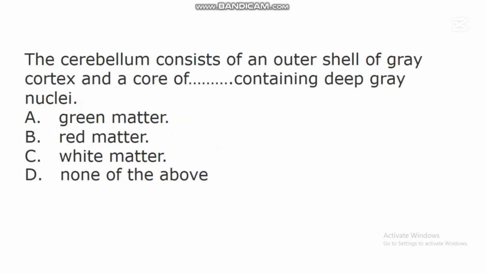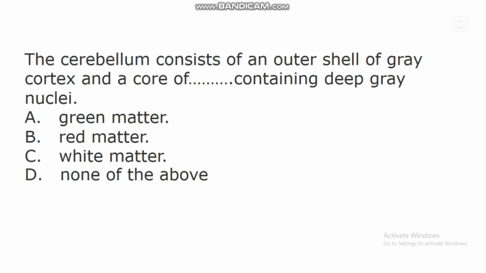The next question says, the cerebellum consists of an outer shell of gray cortex and a core of dash containing deep gray nuclei. A. Green matter. B. Red matter. C. White matter. D. None of the above.